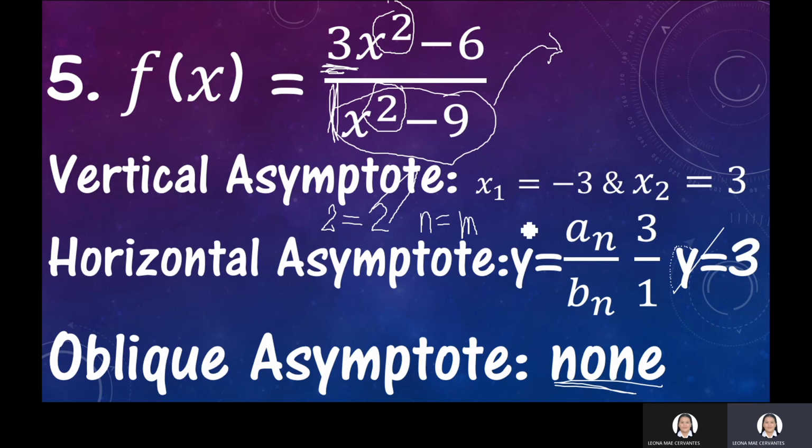Then, for the vertical asymptote, for example, if there are two vertical asymptotes or x values, what you will enter is x1 equals negative 3, then the vertical bar, if you have a laptop, or a cellphone with special characters. Put a vertical bar, then x2 equals positive 3.